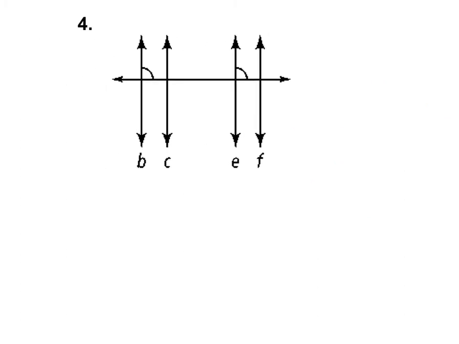Number 4. Again, let's ignore this line right here, and let's ignore that line over there. So I have a pair of angles, this one and that one right here. Let's say that line is A, because we don't have a name.